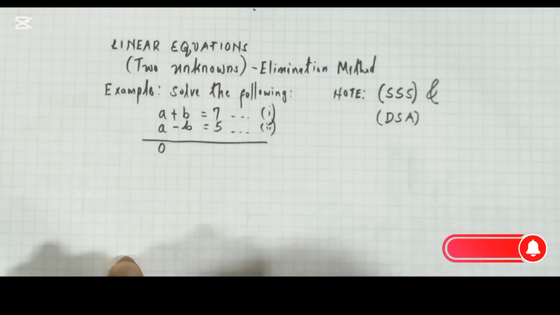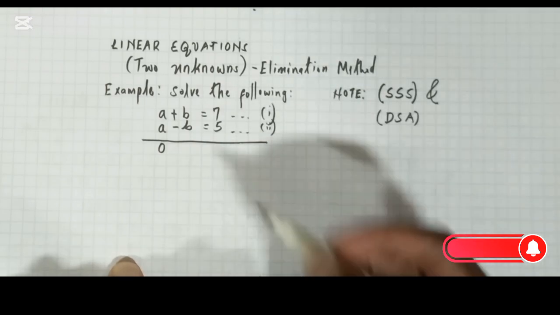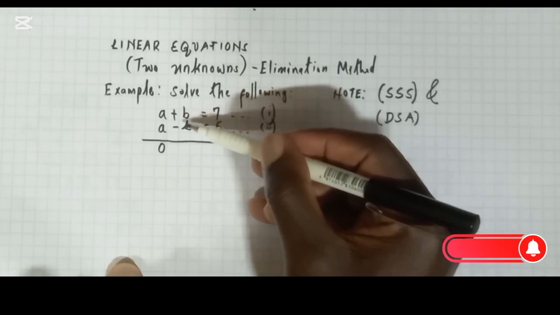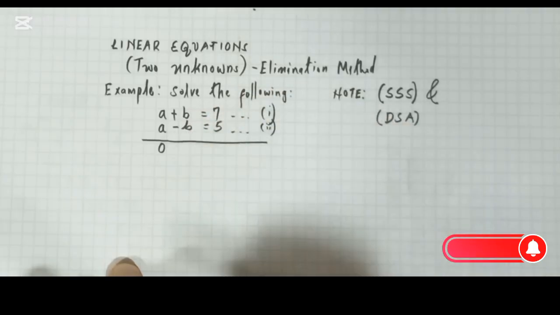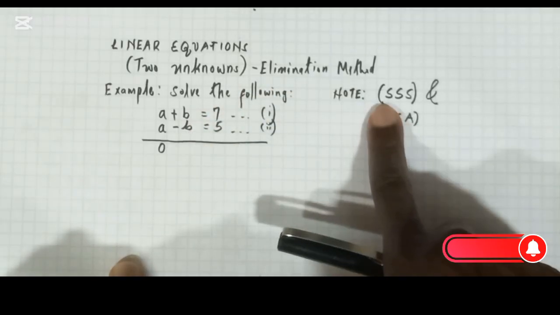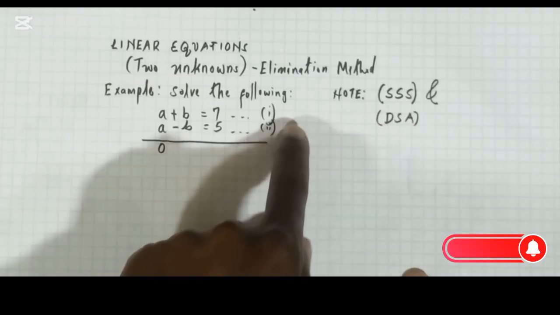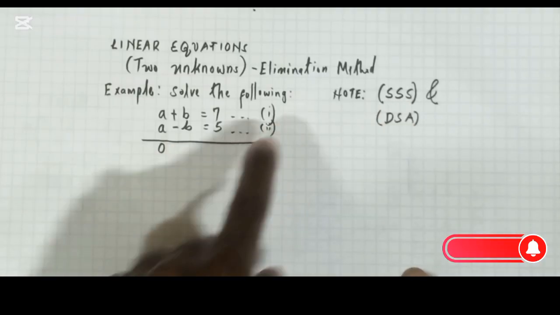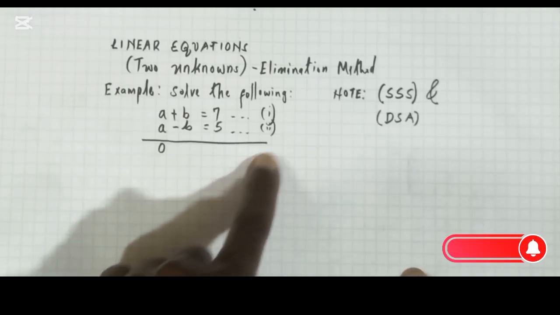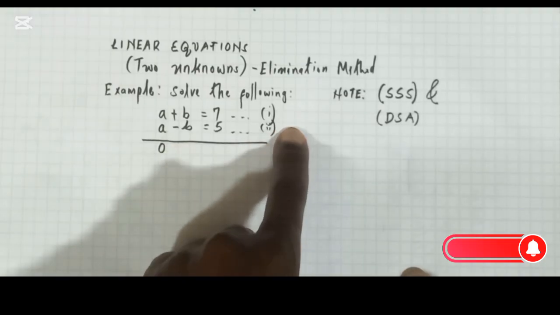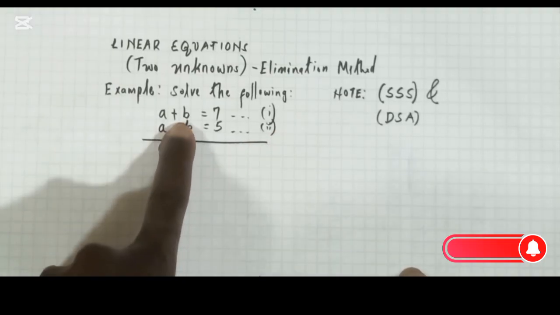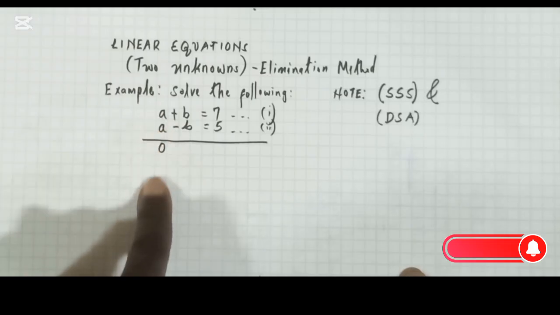We are then going to subtract the other variables. We take b minus negative b. Remember, we are using the golden rule, same sign subtract, and we are subtracting equation 1 and equation 2. a minus a gives us 0, eliminating a in the process.